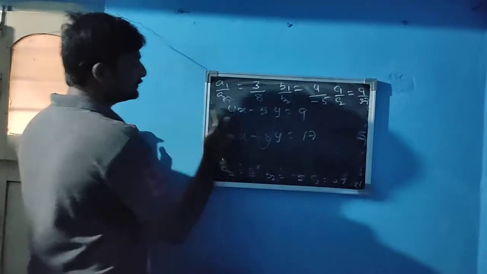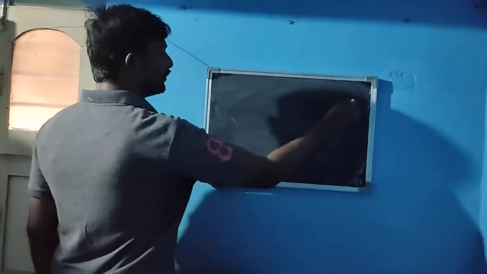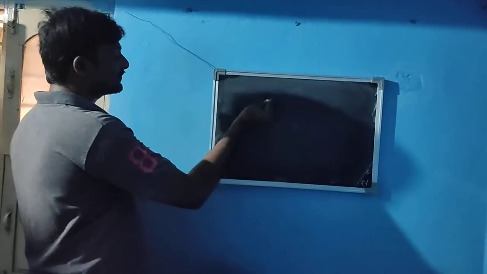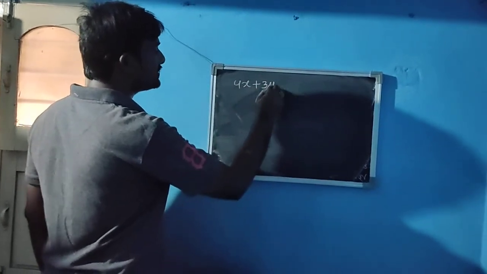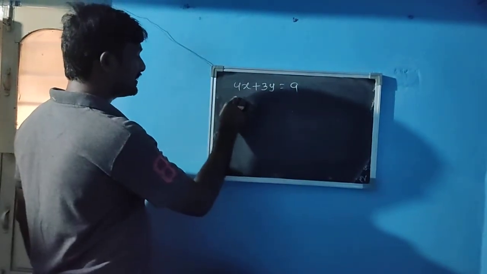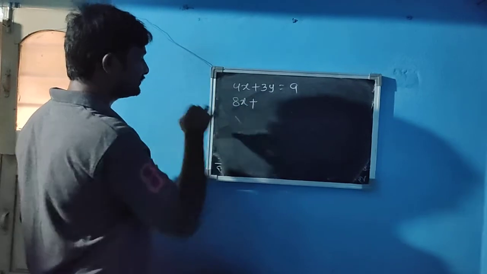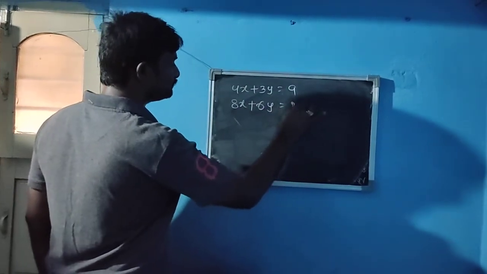So next one, we will discuss 4x plus 3y is equal to 9, and here 8x plus 6y is equal to 27.